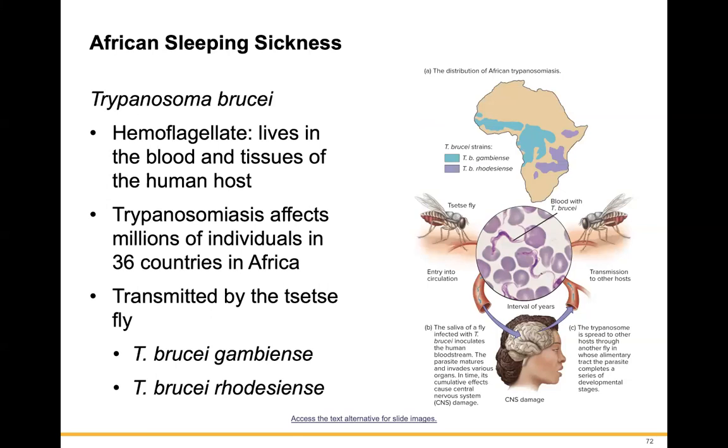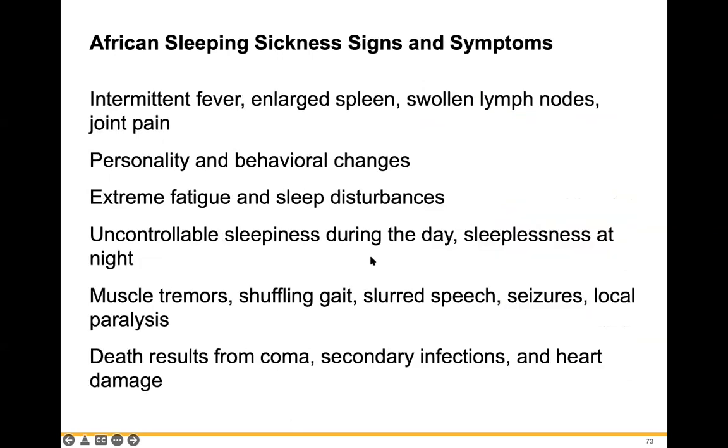Okay, African sleeping sickness. This is caused by T. brucei, trypanosomiasis. It affects millions of individuals in 36 countries in Africa and is transmitted by the tsetse fly. It affects the brain.